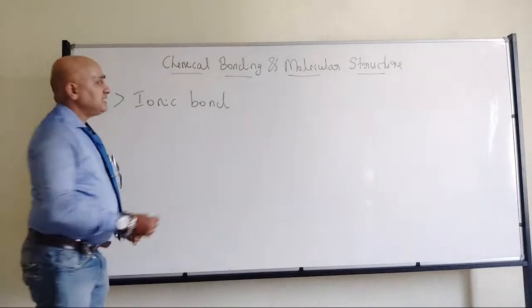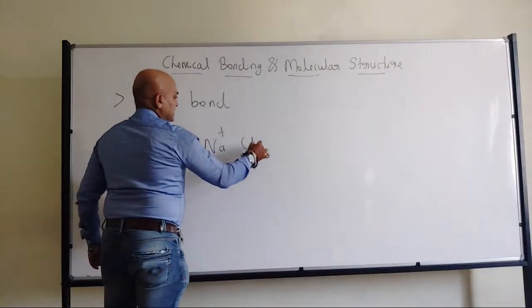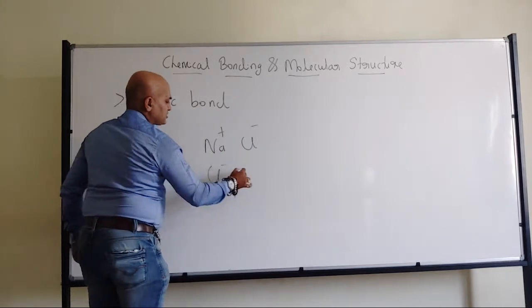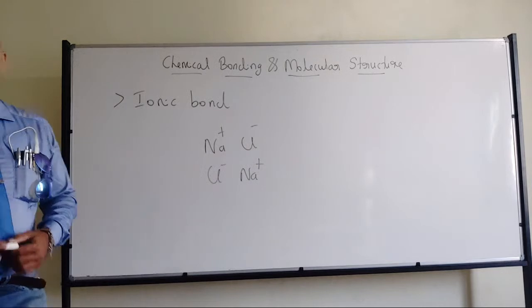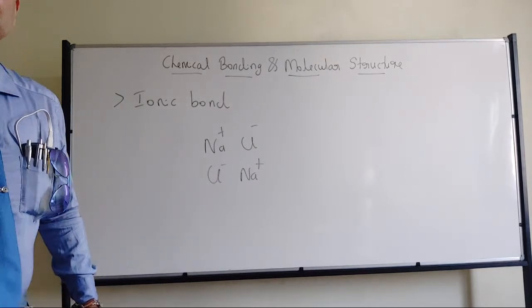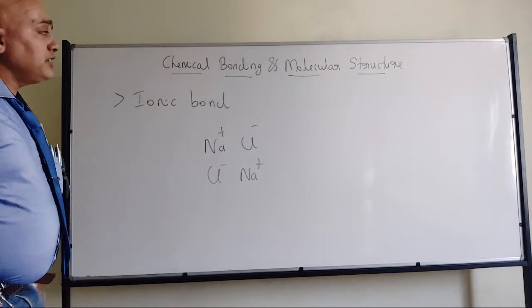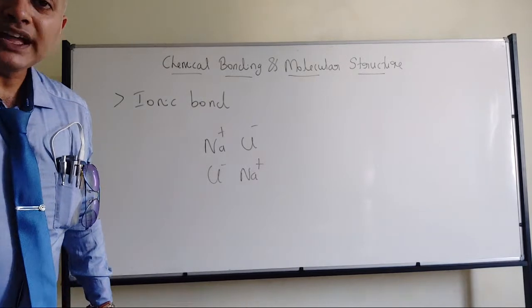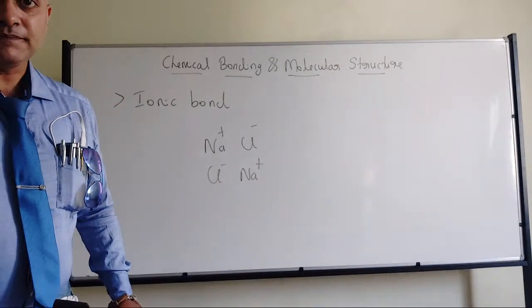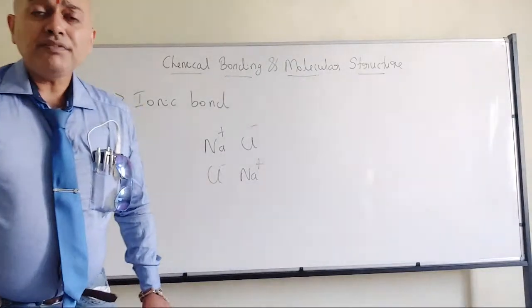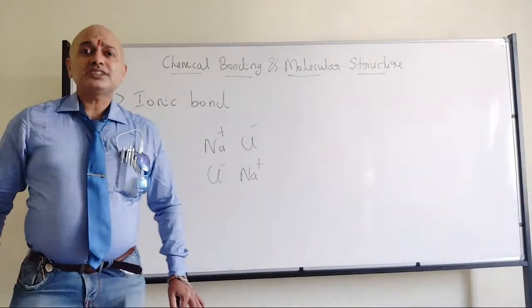It is the multiple electrostatic interactions present between or among the ions in a crystal structure. That's where it is called an ionic bond.